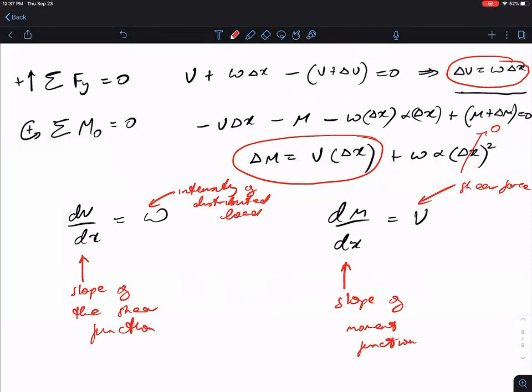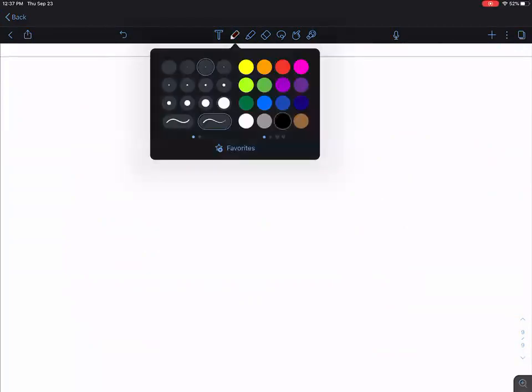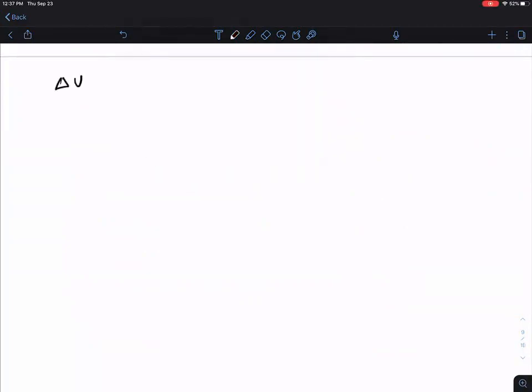The next step is to take these two equations and integrate them between two points. What we get is that delta V is equal to the integral of omega dx, which says that the change in shear between any two points on the beam is the same as the area under the loading diagram between the two points.